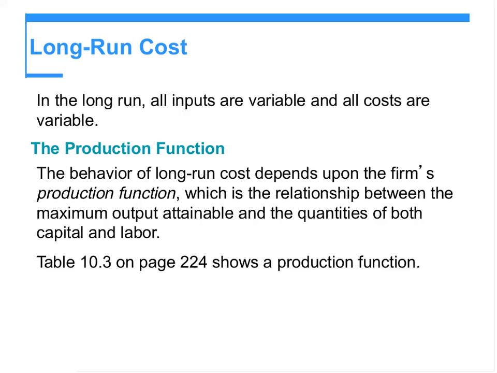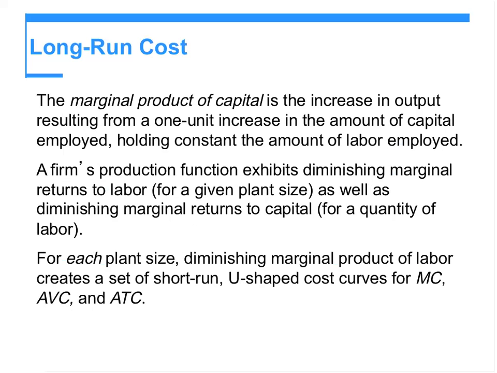So you see, the higher the capital and labor, definitely that affects the production function. In the long run, actually, we don't have anything fixed. So everything is going to be variable.